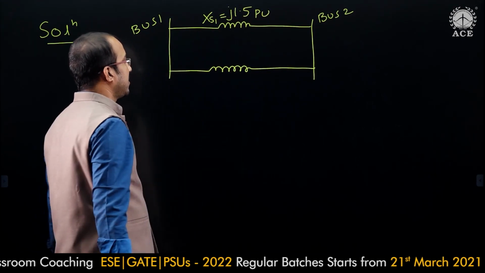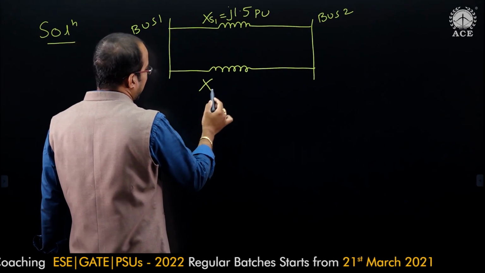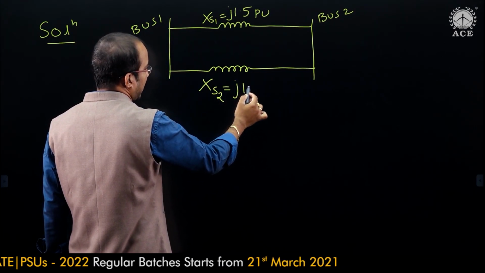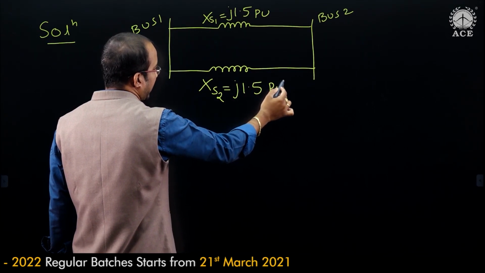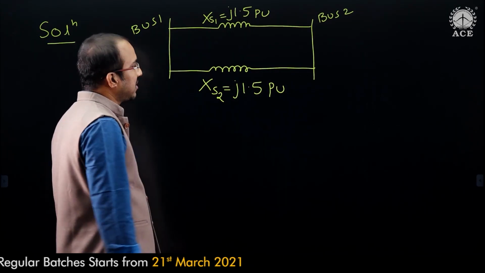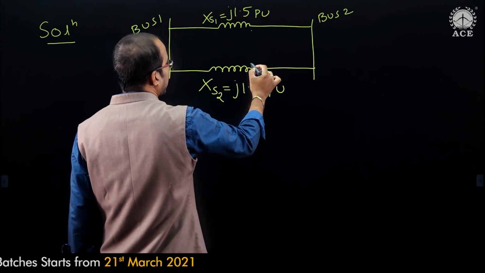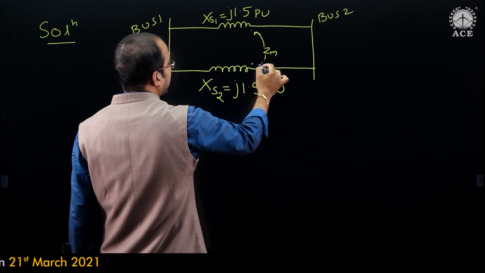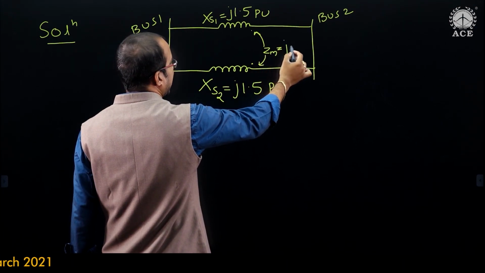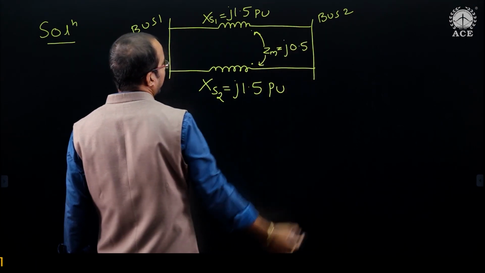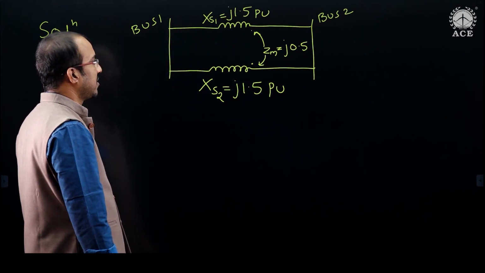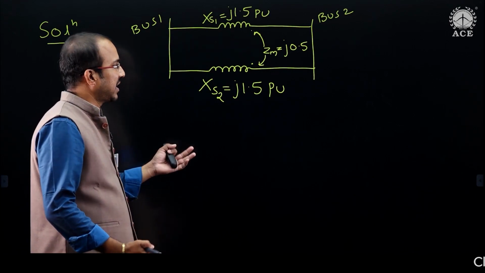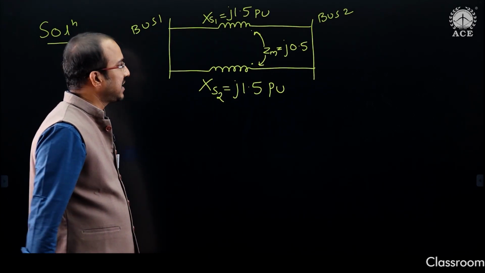So, the self impedance, or we can write it as self reactance, XS1 is J 1.5 per unit, and for the second line XS2 is also J 1.5 per unit, and the mutual impedance between the lines Zm is J 0.5 per unit. For calculation of maximum power transfer between the lines, we need to calculate X equivalent.